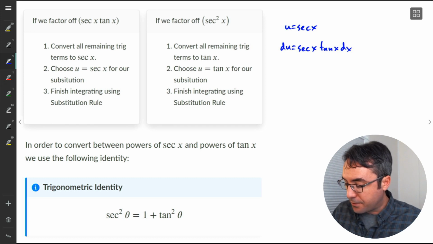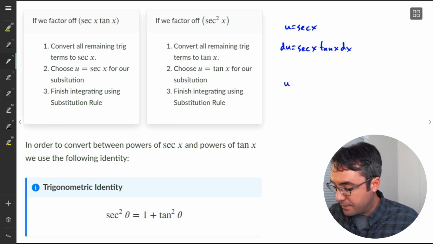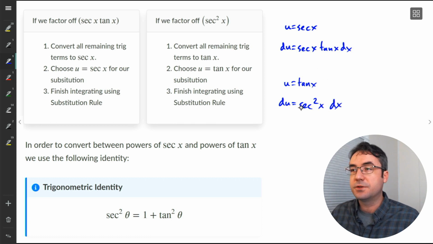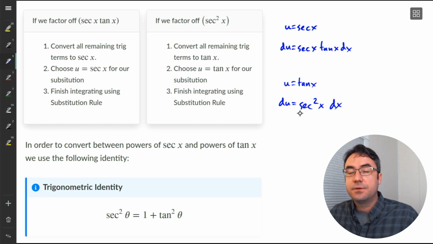If we go the other route, and we say factor off a secant squared, well then let's write down what our substitution would be in that case. So let's say we go through our integral and we factor off a secant squared. Well, in that case, secant squared is what's going to become our differential.